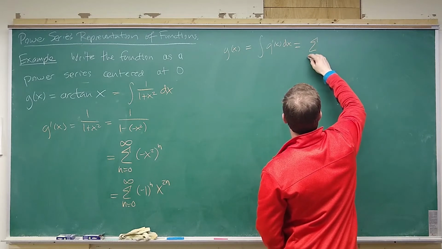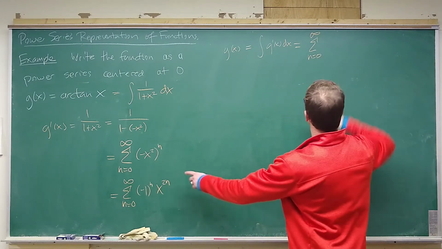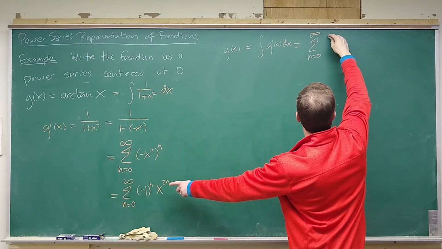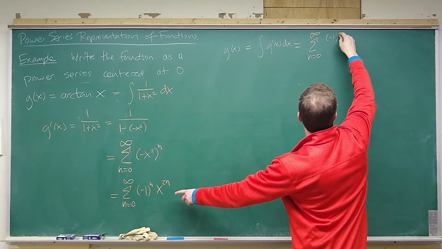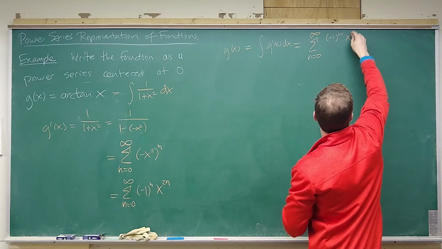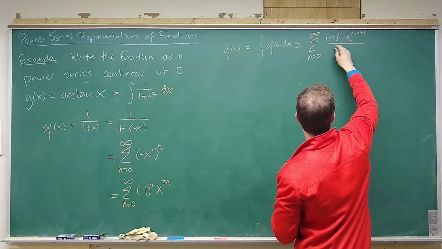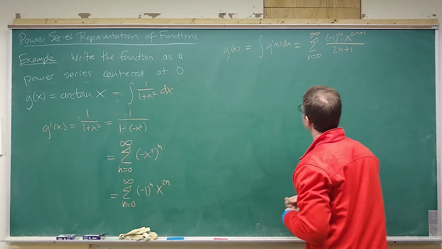So this is the sum from n equals 0 to infinity of, the constant multiple just gets carried along, so negative 1 to the n, raise the power by 1, x to the 2n plus 1, and then divide by the new exponent, 2n plus 1.